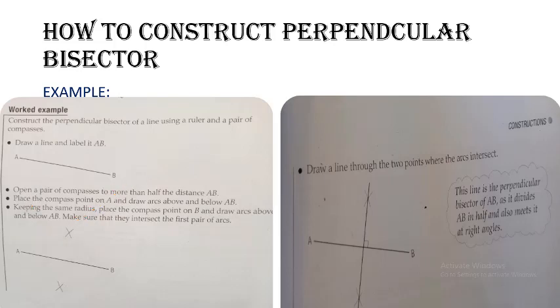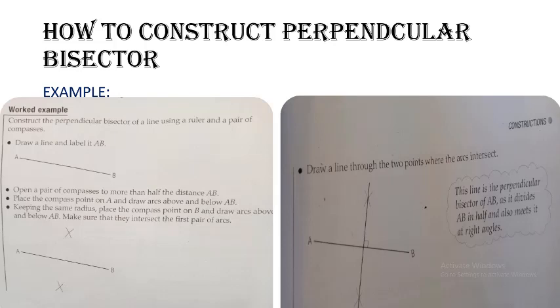Have you seen where A is? Place the compass point on A and draw an arc on top of the line AB and another arc below the line AB. Keeping the same radius, place the compass point on B and draw arcs above and below AB. Make sure that they intersect the first pair of arcs.